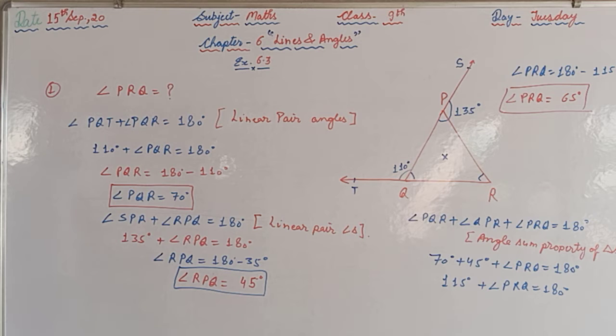In figure 6.40, angle X is equal to 62 degree. Angle XYZ is given 54 degree. If YO and ZO are the bisectors of angle XYZ and XZY respectively, then we have to find angle OZY and YOZ.